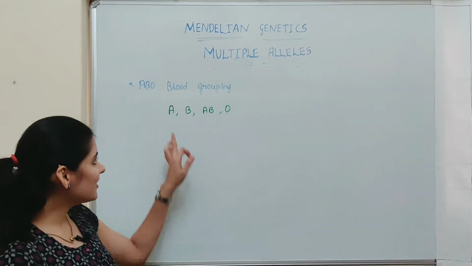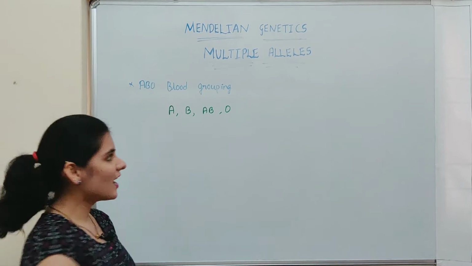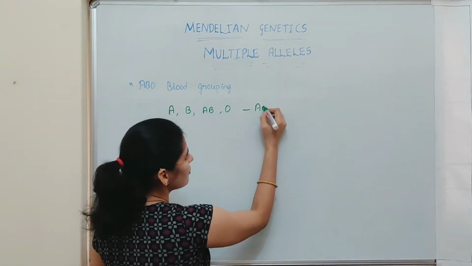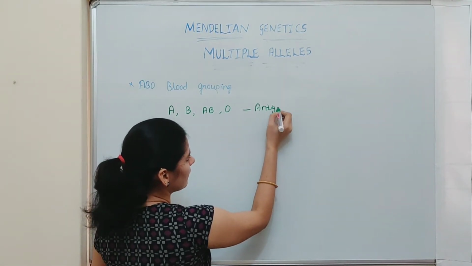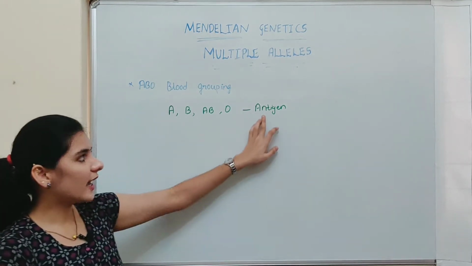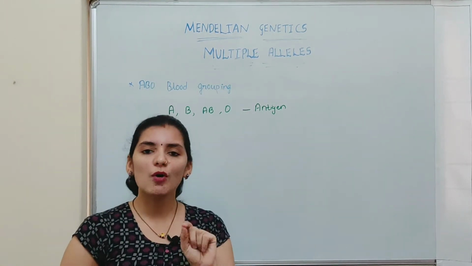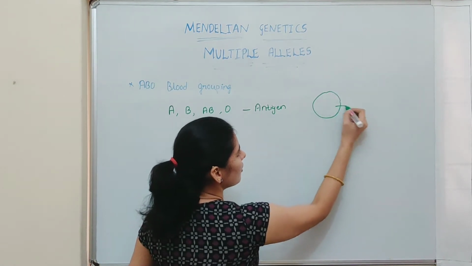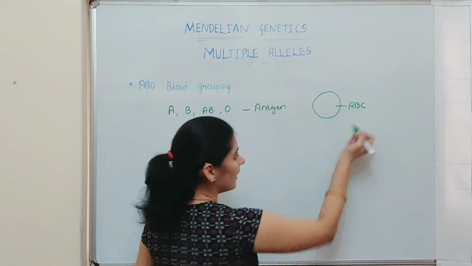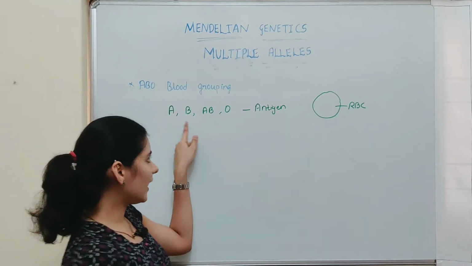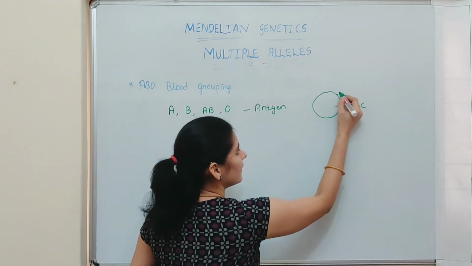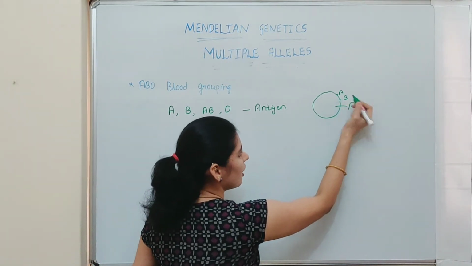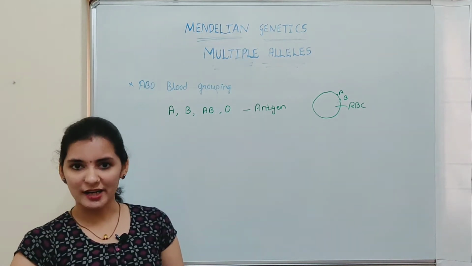In this, the letters A and B represent antigen or isohaemagglutinin. So here the antigen represents a small sugar molecule which is present on the plasma membrane of RBC. Usually there are two antigens, that is A and B. So A antigen and B antigen on the plasma membrane of RBC.